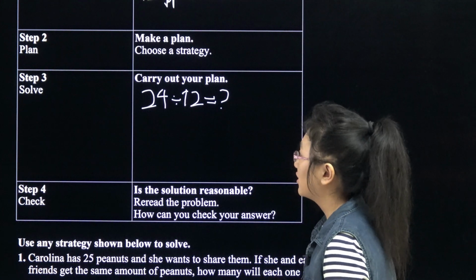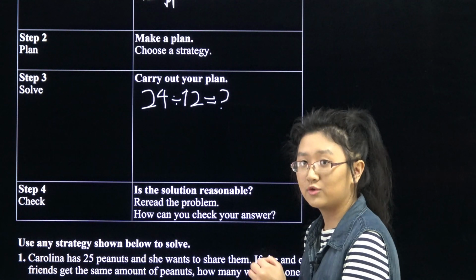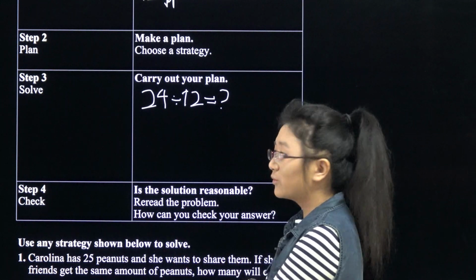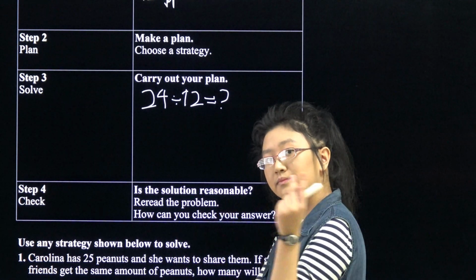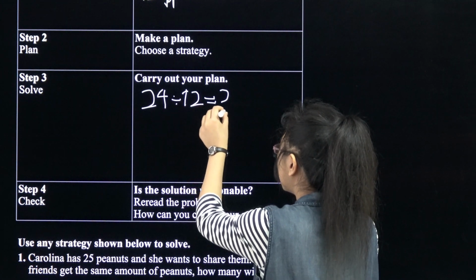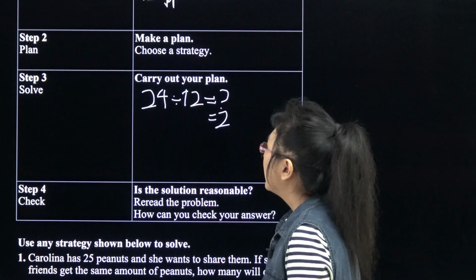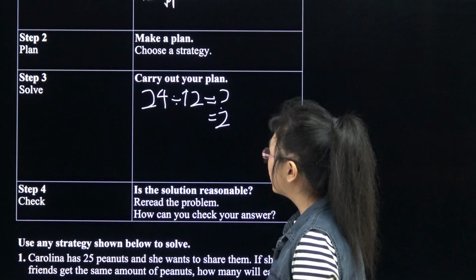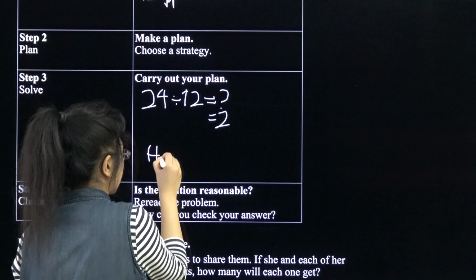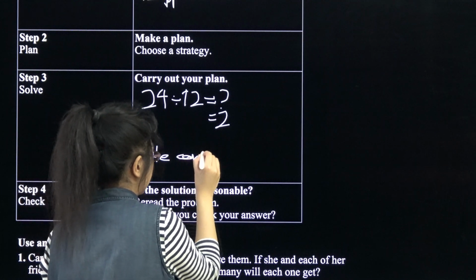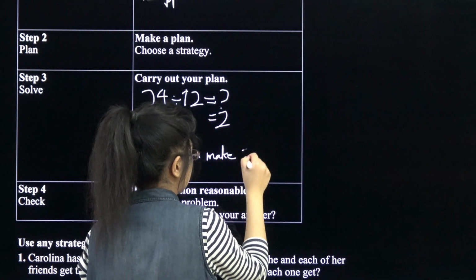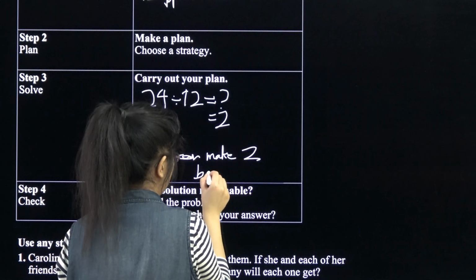So the number of batches will be how many groups of 12 are in 24, which is division. So 24 divided by 12 equals 2. Antonio can make 2 batches.